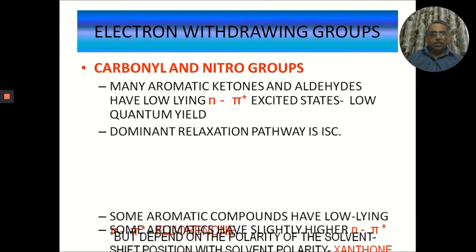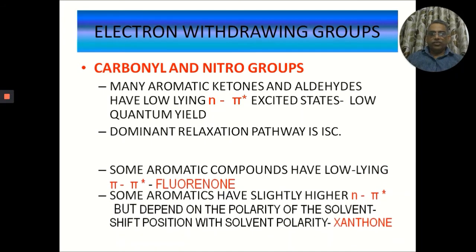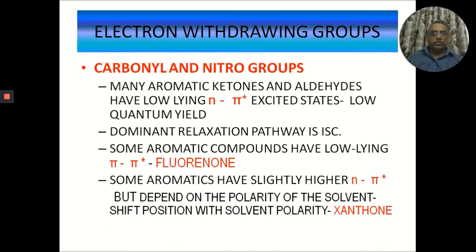Now some of the aromatic compounds, like fluorinone, have a low-lying pi star, and some of the ketones also have low-lying pi to pi star electronic transitions. But we generally said when you make a carbonyl group, n to pi star is always low.